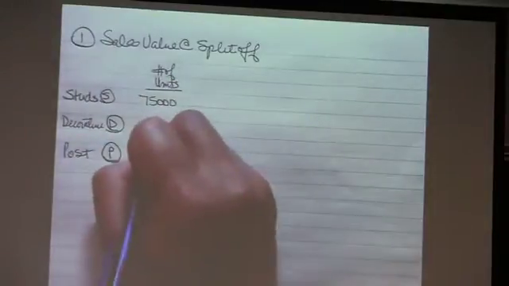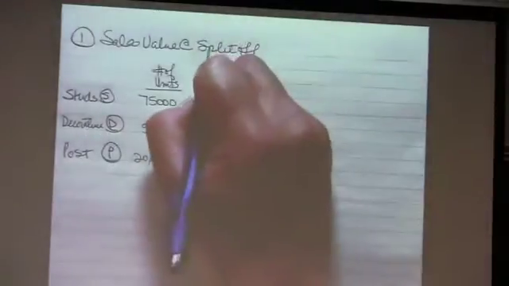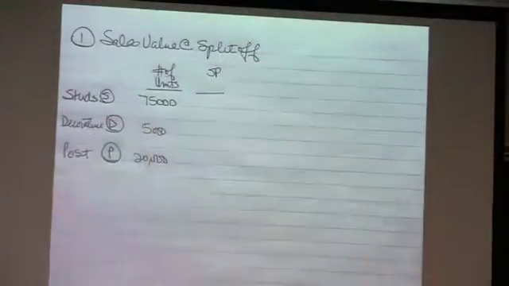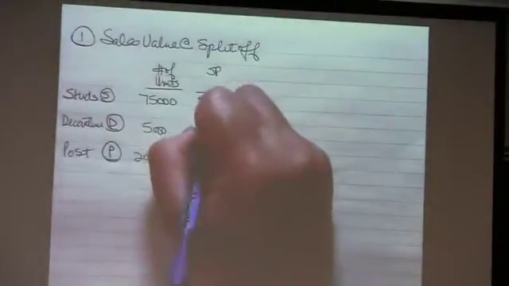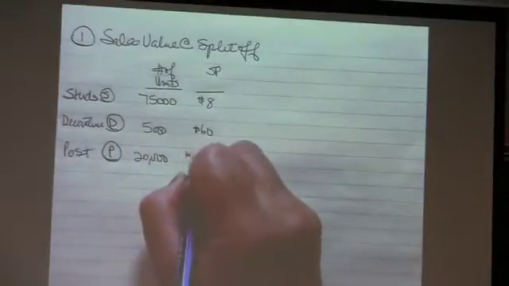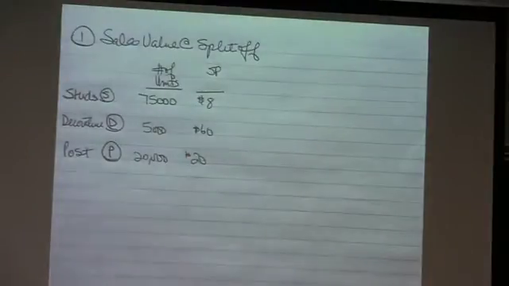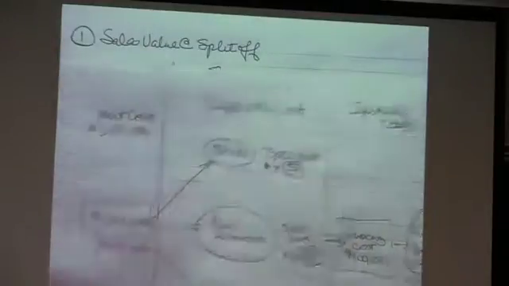This is 5,000, and this is 20,000. And the selling price at the split off point is $8.60 and $20. So that's the sales price at the split off point. Okay?